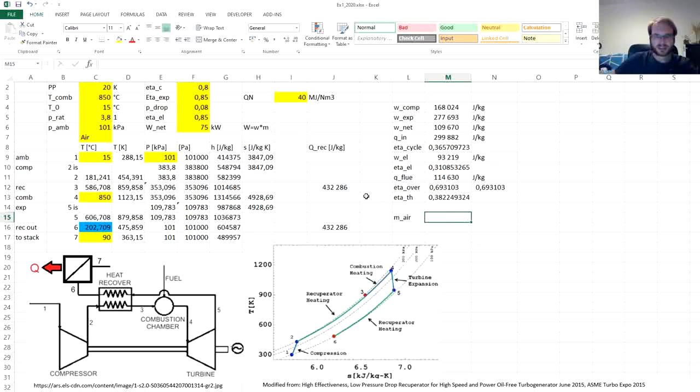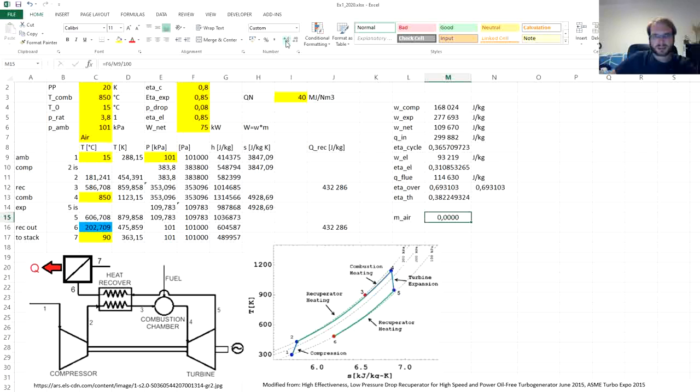So getting the mass flow rate of the air, it will be the work output, here we have it in kilowatts, divided by the net electrical work, which needs to be also in kilojoules per kilogram.